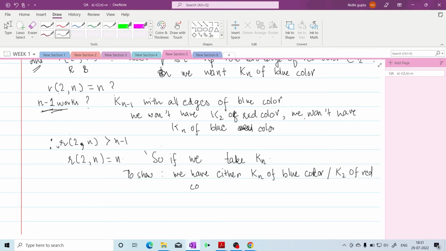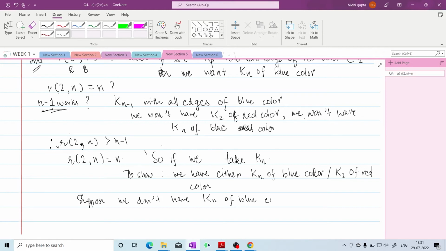To show an or, it is sufficient to assume that one is not there and show the other is there. So suppose we don't have Kn of blue color.